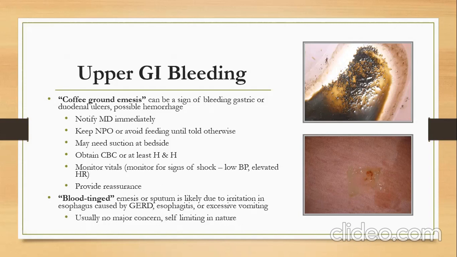If you've been vomiting excessively, say you have some GI disorder or infection or a hangover or whatever, you may cause some irritation and minor tears to your esophagus. That is a little blood tinged vomit. That is not the same as coffee grounds.